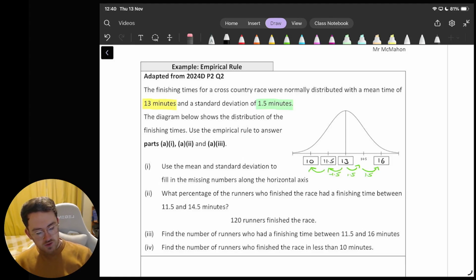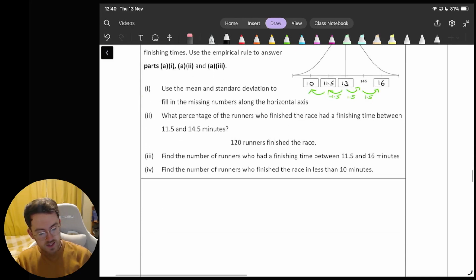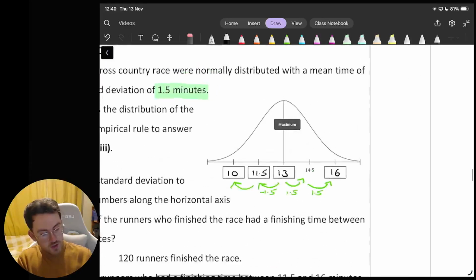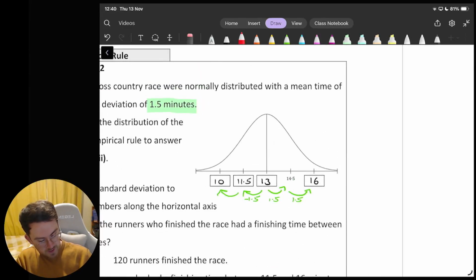So we're asked first of all to use the mean and standard deviation to fill in the horizontal axis. We've done that. We're then asked what percentage of the runners who finished the race had a finishing time between 11.5 and 14.5 minutes. So let's see where those are on our diagram. Well, 11.5 is here and 14.5 is here. If we look at how many steps we've had to take either side here, we took one step, or one standard deviation, upwards to get to 14.5, and we took one standard deviation downwards to get to 11.5.